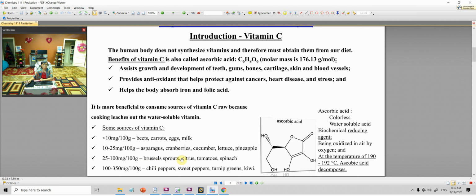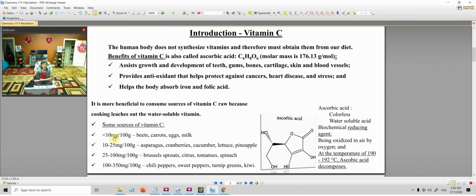Your sprouts, citrus, tomato, spinach have a large amount of vitamin C, and also your chili pepper, sweet pepper, and kiwi, so they have different amounts of vitamin C. They listed the sources of vitamin C which you may take up in your daily life.